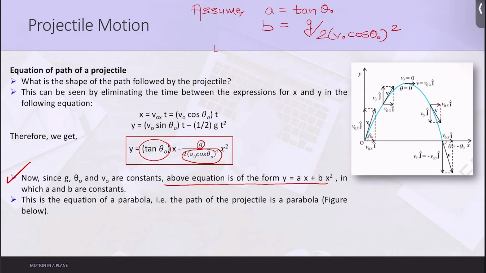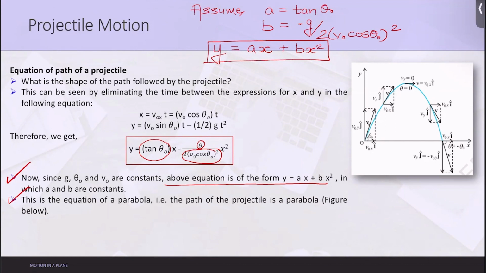Therefore we can write y is equal to A x minus B into x square, in which A and B are constants. This is the equation of a parabola. That is, the path of the projectile is a parabola.